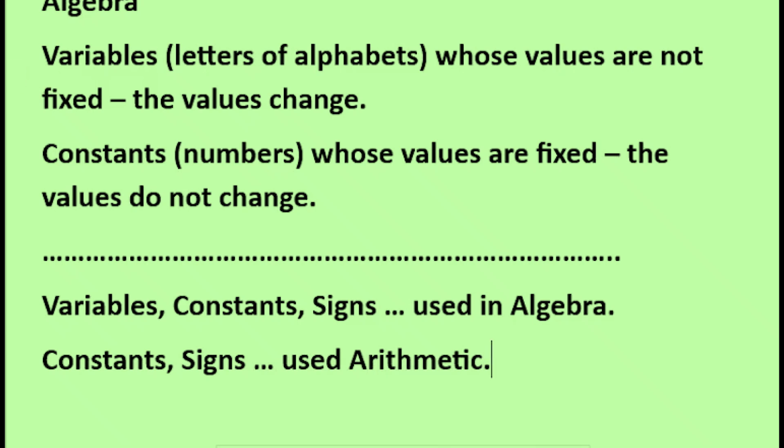So only the extra thing is variables. Constants you are using in arithmetic, constants you are using in algebra, signs you are using in algebra, signs you are using in arithmetic. Variables, this is the only extra thing you are using in algebra. Constants you are using in both. Where are you using constants? Arithmetic and algebra. Where are you using signs?